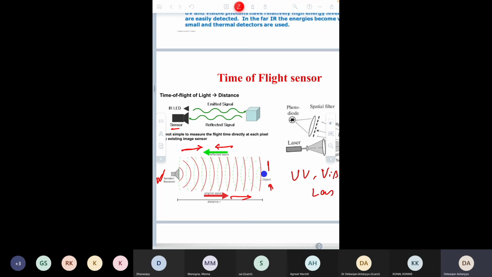So you can easily construct a relation between the original wave and the reflected wave. It is the very basic principle of any kind of time of flight sensor or range sensor, where there is a sender and a receiver, and if there is an object, that object will absorb some radiation.